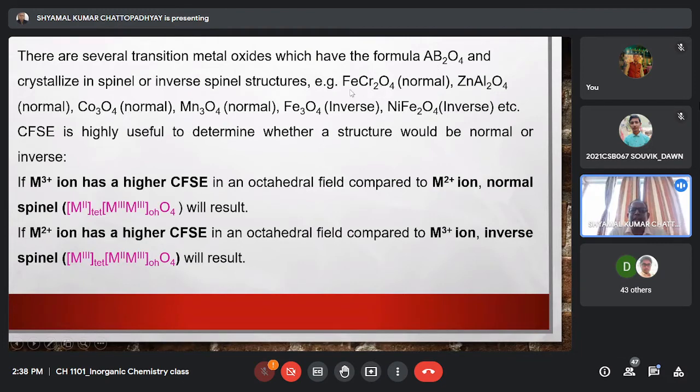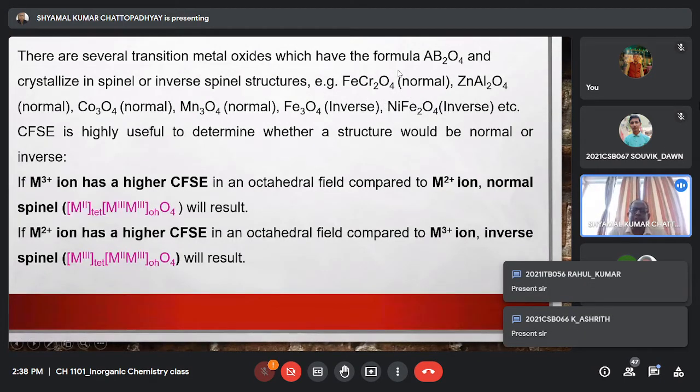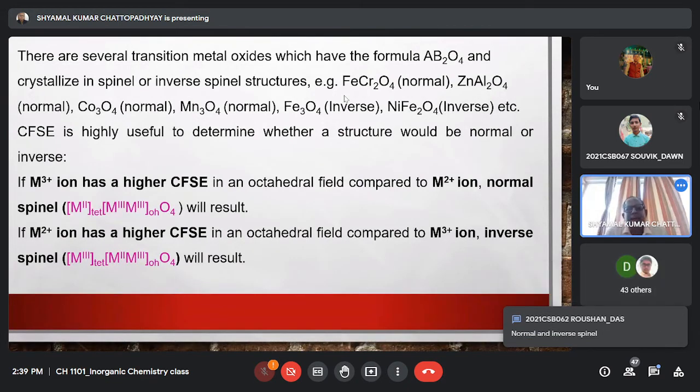So FeCr2O4. Now in FeCr2O4, since we have oxide as the ligand in spinels, all the metal ions except cobalt 3 can be considered to be in the high spin state.